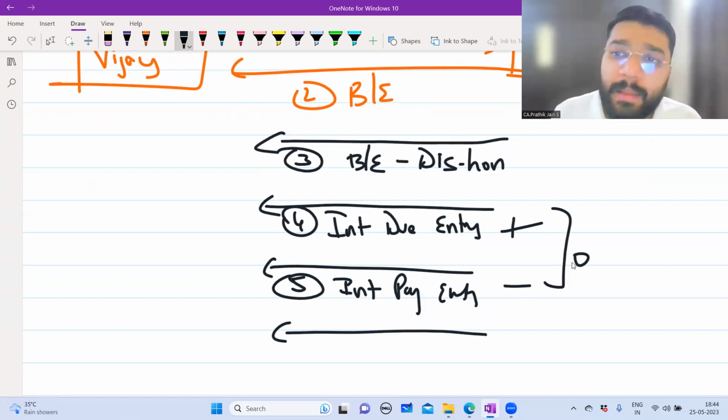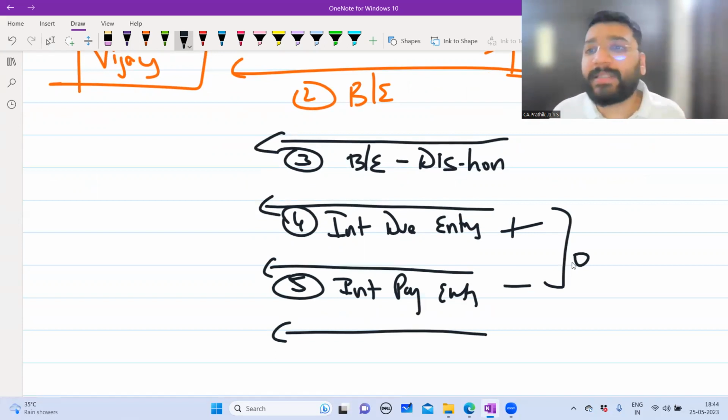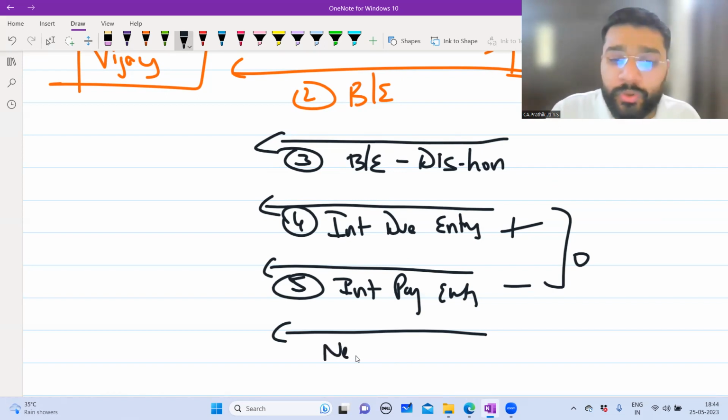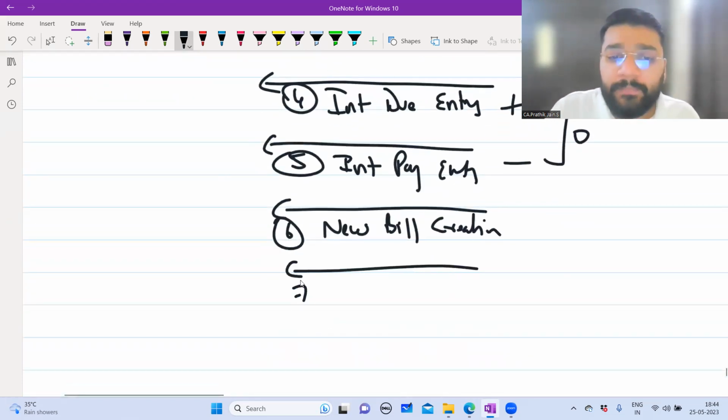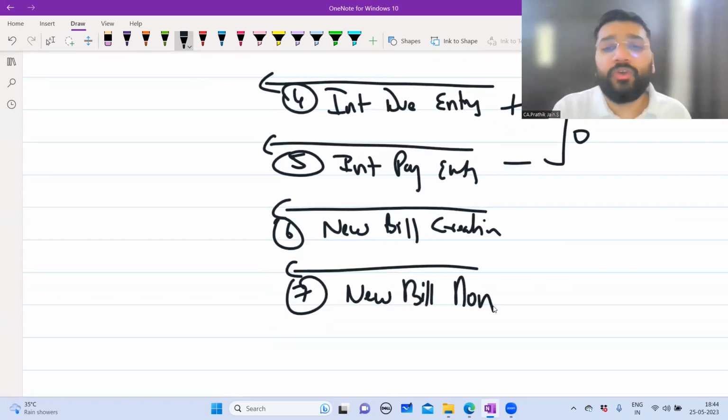So what is the bill amount that we have to create? For the balance 1,06,000 rupees, you have to create the bill. So new bill created. Sixth entry is new bill creation entry. And the seventh one is new bill honorment entry.